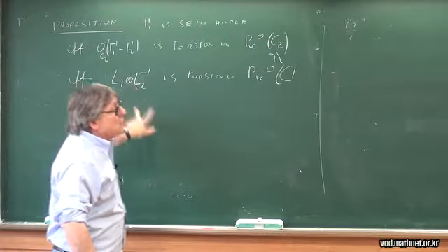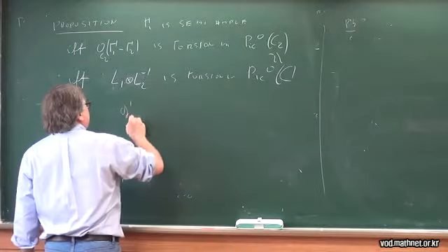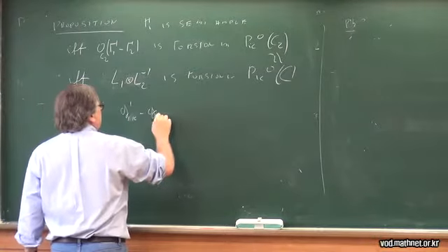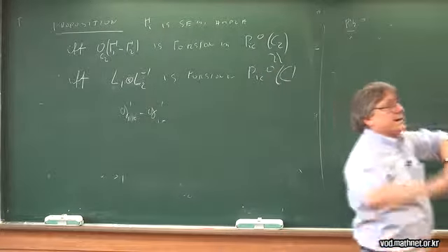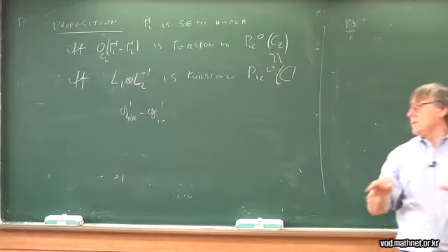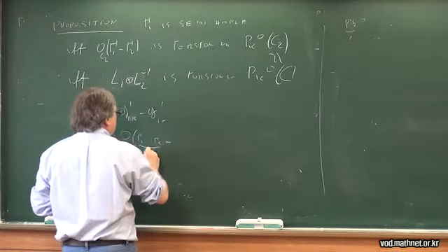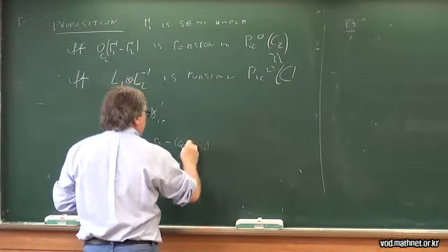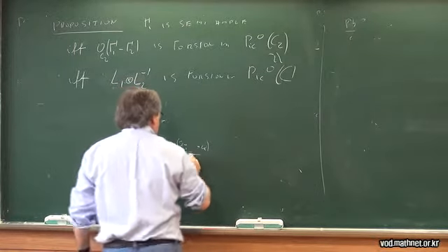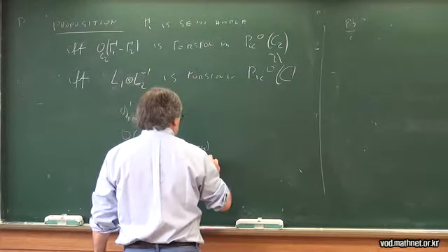So the condition to be semi-ample is reduced to the curve in this case, and the difference of the two: you take K points in the first ruling, Q1 to QK, and K points in the other ruling, and you take the difference and you have something in Pic 0, and this should be torsion.